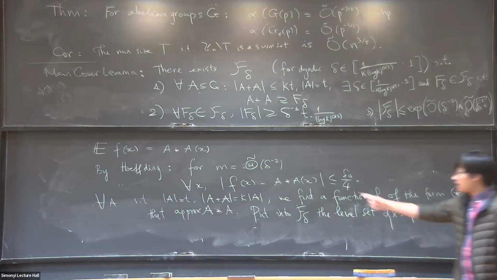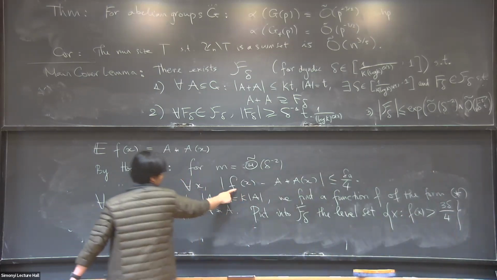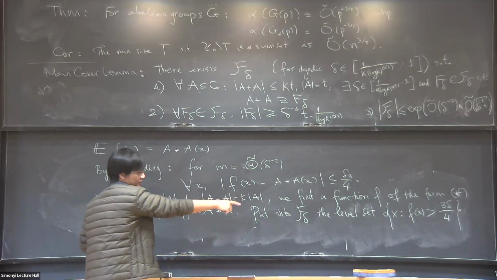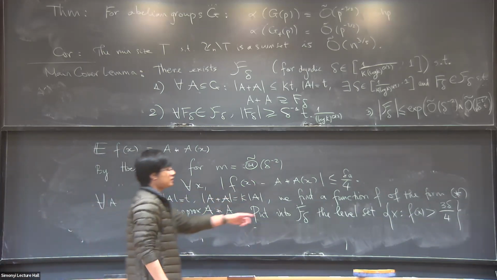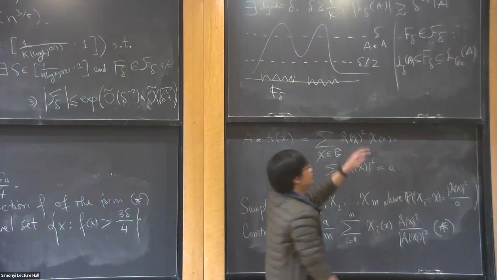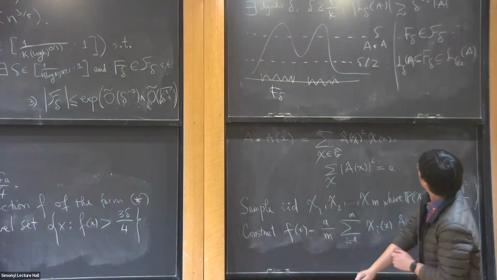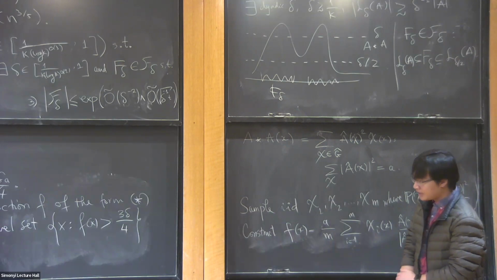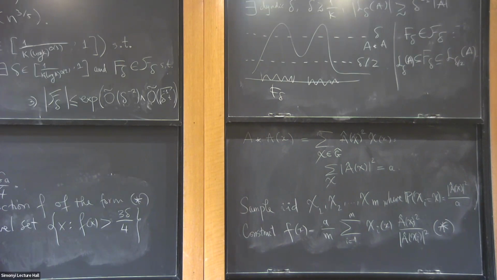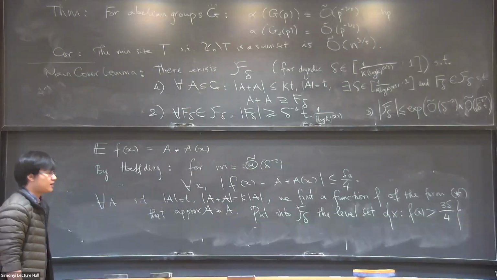By our guarantee on the function f, how close it is to A star A, we can immediately see that this set that we put into F delta has exactly the property that we claimed here. We sandwich it between L delta of A and delta over 2 of A. So the last thing to see is that the total number of sets that we put into the collection F delta cannot be very large.